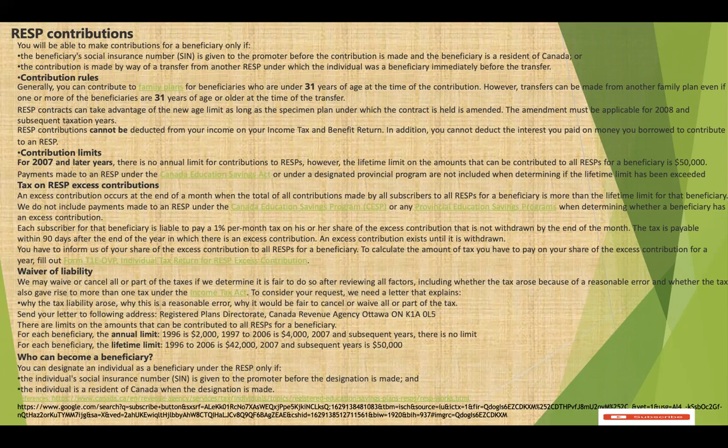In addition, you cannot deduct the interest you pay on the money you borrow to contribute to the RESP. So, contribution limit: for 2007 and later, there is no annual limit for contributions to an RESP. However, the lifetime limit on the amount that can be contributed to an RESP is $50,000.